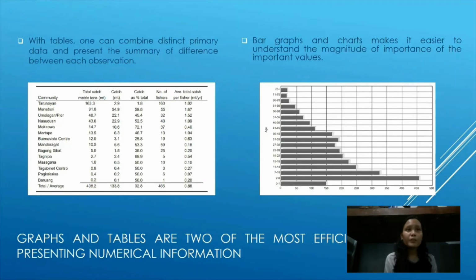So the primary purpose of graphs and charts is to present quantitative information to the audience in percentage. It visually shows the magnitude of important values and facilitates comparison. That is why it is crucial to decide what kind of message you want your audience to receive.